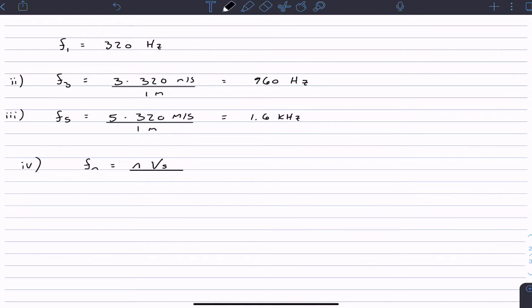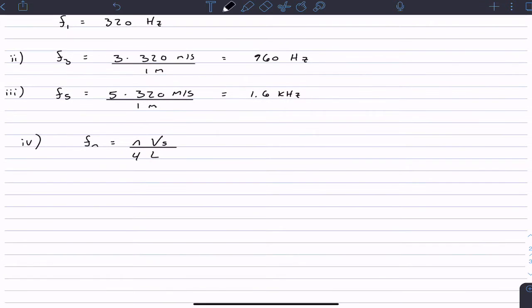Speed of sound over, believe it or not, 4 times L. So in our case, we have 320. We keep the same speed of sound in the cylinder because we already found that. And then we go 4 times 1/2, half a meter.